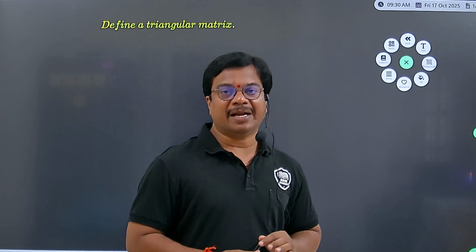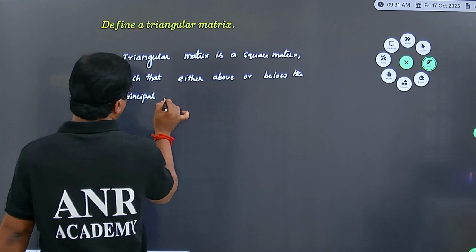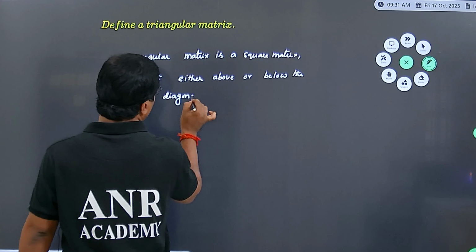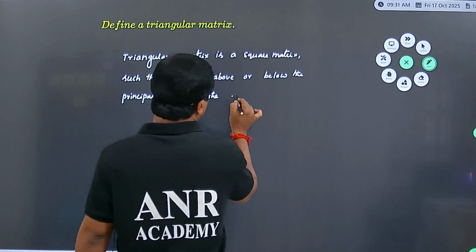Triangular matrix is a square matrix such that either above or below the principal diagonal the entries are zeros.